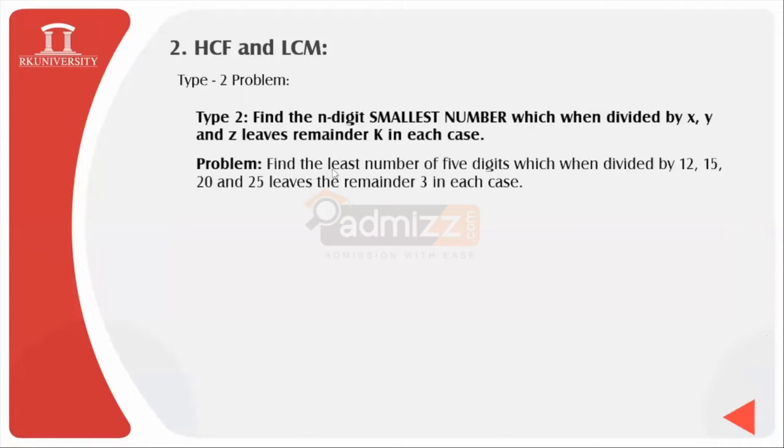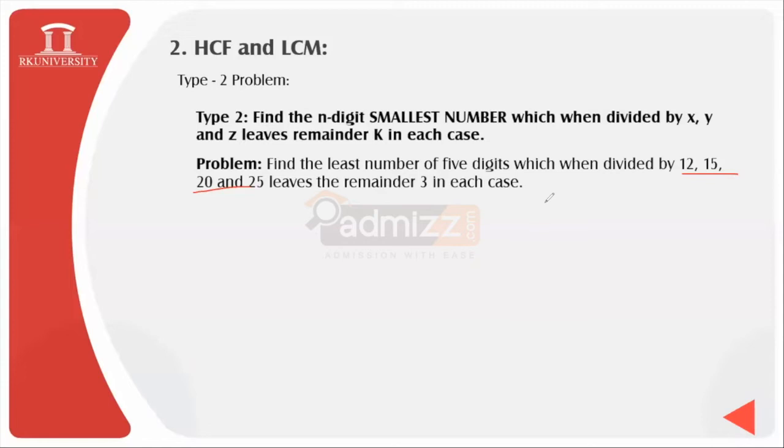Find the least number of 5 digits which when divided by the numbers 12, 15, 20 and 25 leaves the remainder 3 in each case. Once again, students, the LCM value of 12, 15, 20 and 25 is already found and available with us. That is 300, since we simplified it in the previous question.